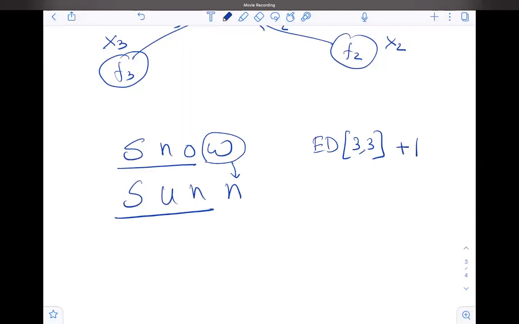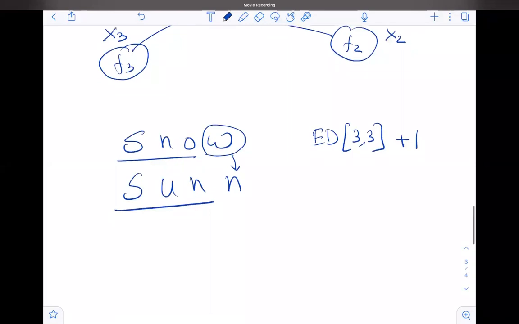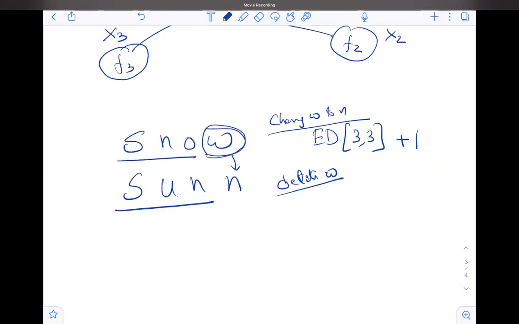Now, the other option is that I don't change it, but I delete W. If I delete W, then this W disappears, and all I ask a friend is: I have deleted W and I want to change SNO to SUNN, so ED(3,4).